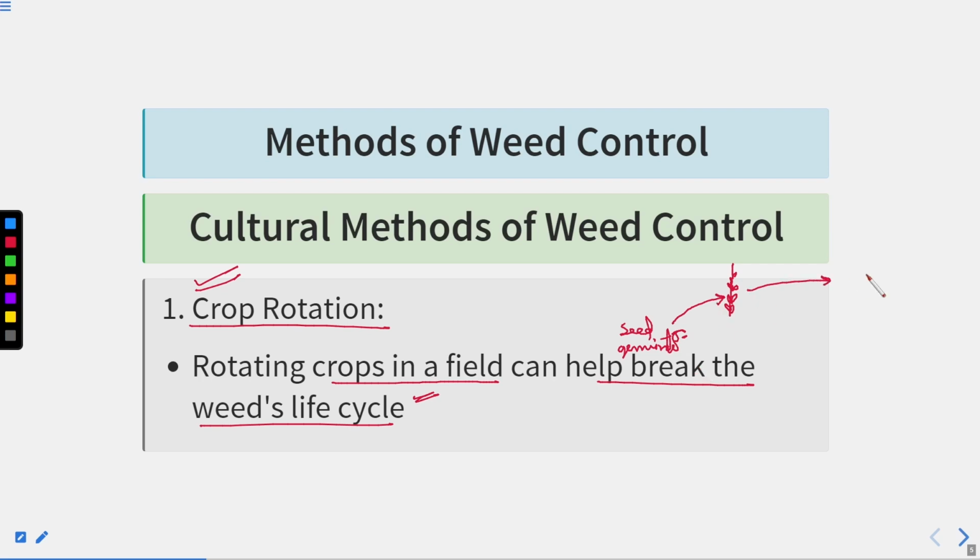And after that, what will happen? This plant will bloom. That is the blossom stage. And after then, there will be the fruiting stage of this plant.